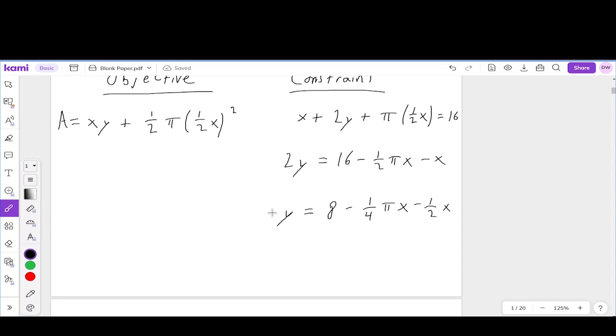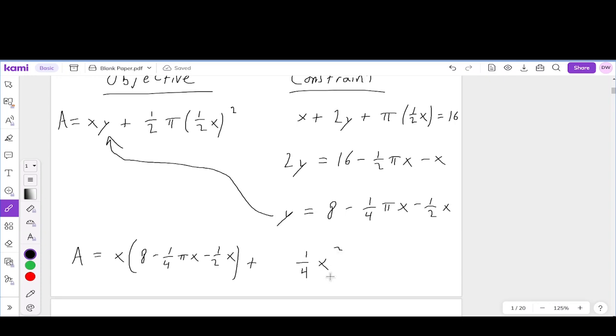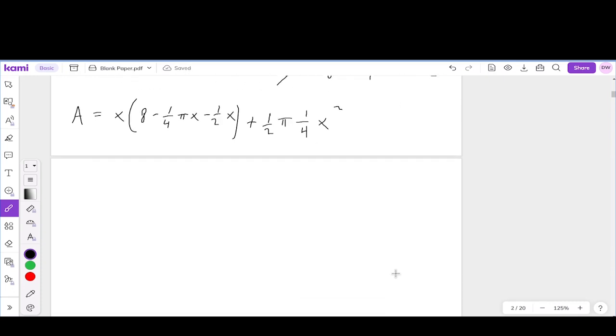Now what we do is plug this y into the y right there. So area equals x times the big quantity, 8 minus 1/4 pi x minus 1/2 x, plus, I'm going to simplify this a little bit here, 1/2 x squared. Don't forget, you need to square both the 1/2 and the x, making it 1/4 x squared, and then still a 1/2 pi out in front. The next step involves finding critical points, taking derivatives, stuff like that. Before you take the derivative, I highly recommend simplifying as much as we can.